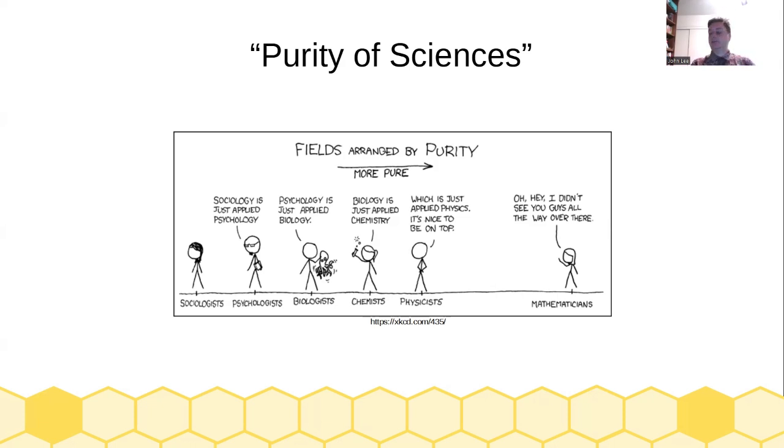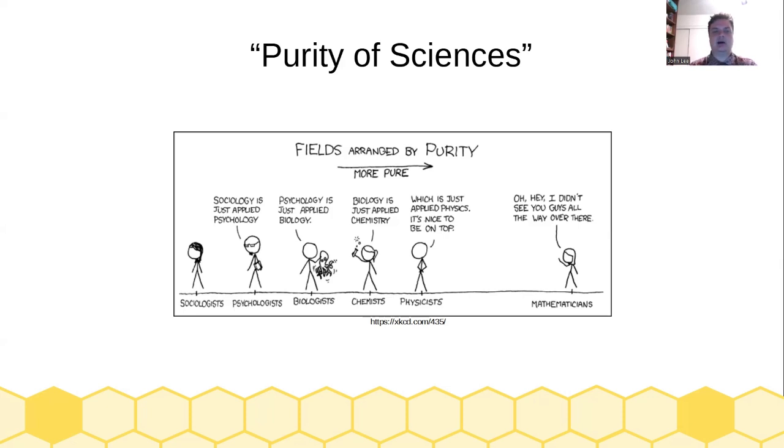So chemistry uses the assumption of quantum mechanics in order to talk about the relationship between these orbitals and how they bond with each other and form chemicals. And then biology uses the assumption of chemistry to explain the biological processes, the chemical processes of living things.